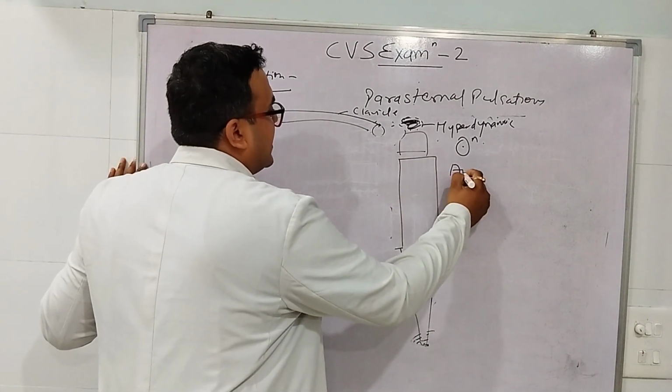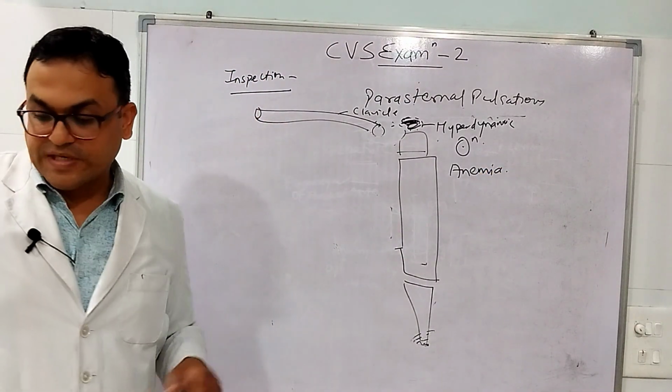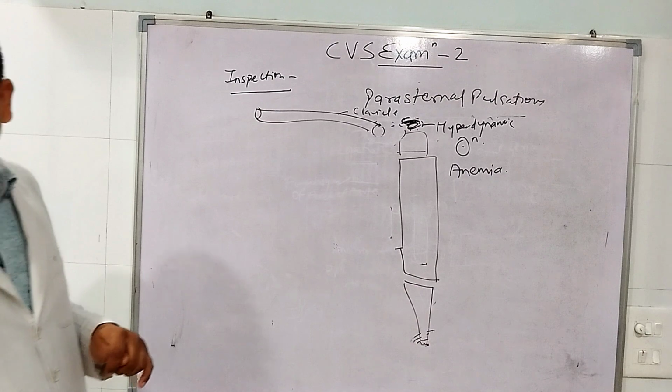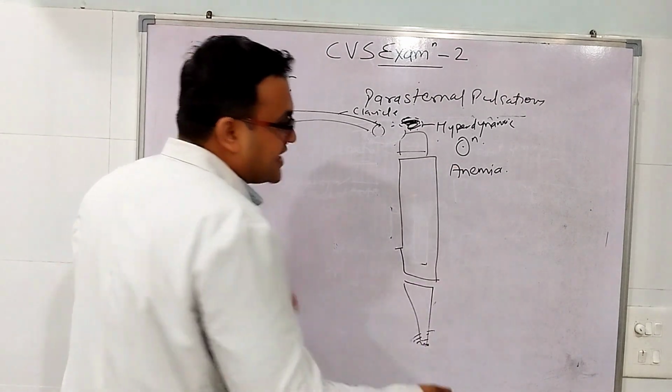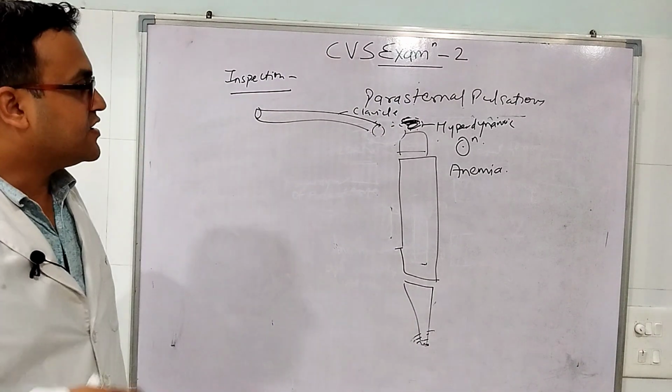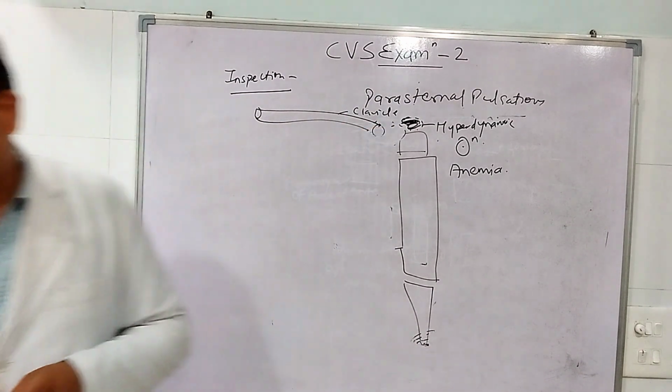Also in severe anemia, patients will have suprasternal pulsations. In certain anomalous arteries like the innominate artery, we can also see suprasternal pulsations.